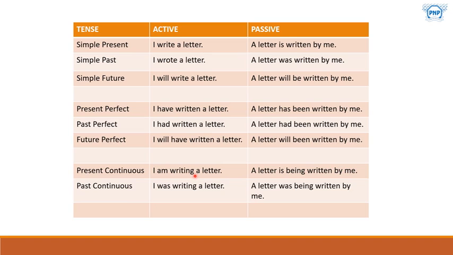Hence, we need to show there is continuity in the given example, and hence we have used being. Correct. And last, past continuous, which is I was writing a letter. A letter was being written by me. This we have written over here. Understood? I hope you have understood it very clearly.